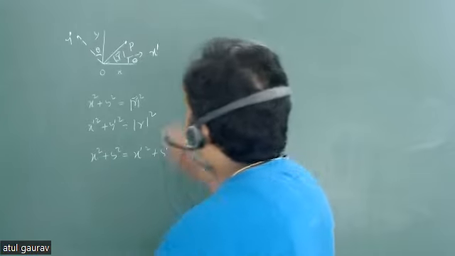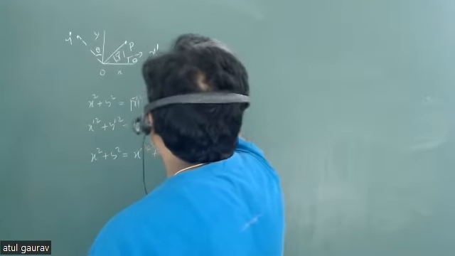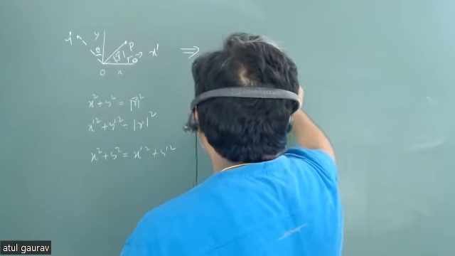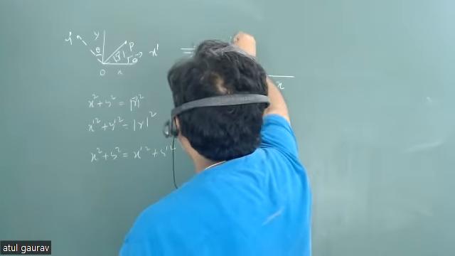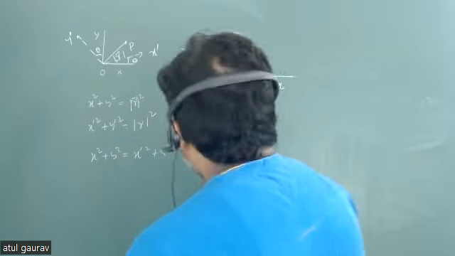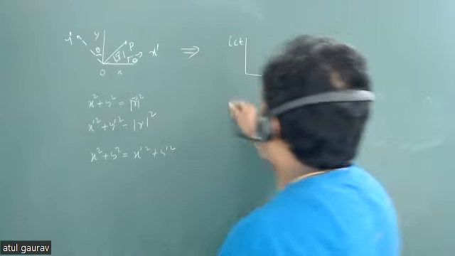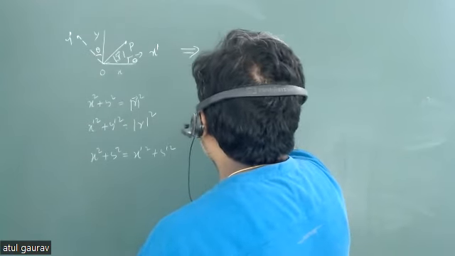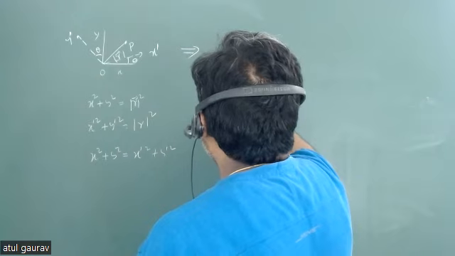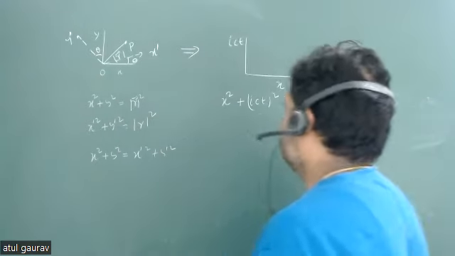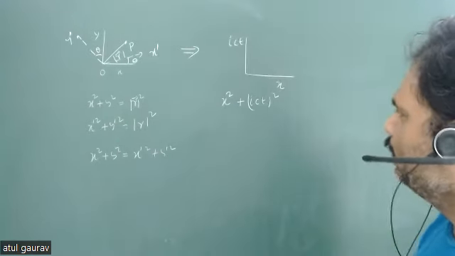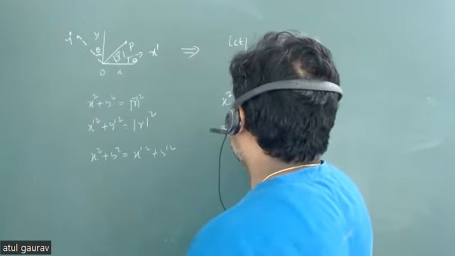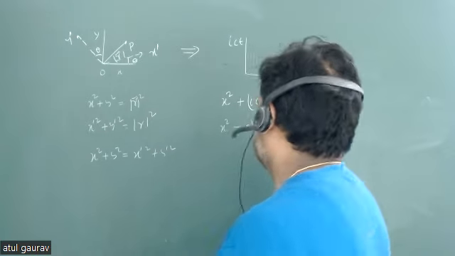Now, if I replace this with two other coordinates, one is x and another is ict, then what is this particular thing? x square plus ict whole square. And this particular thing is x square minus c square t square.